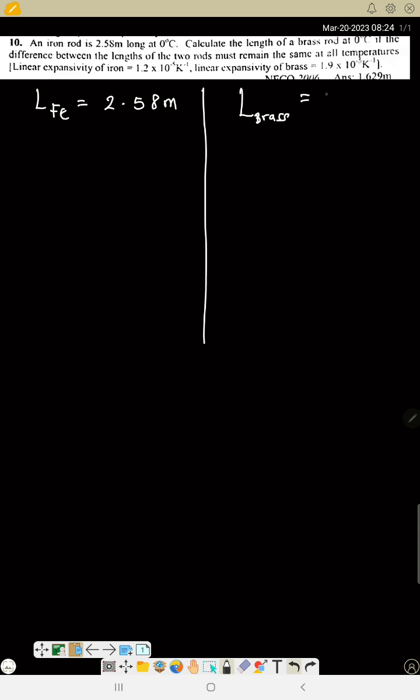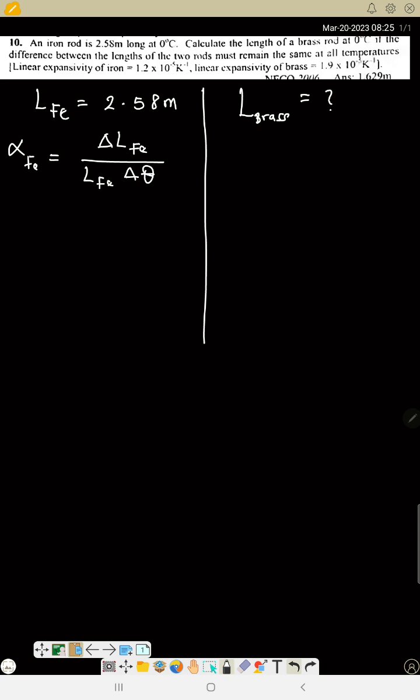That means we don't know this length. So now what is linear expansivity? Linear expansivity of iron will be equal to change in length of iron divided by original length of iron per degree rise in temperature.